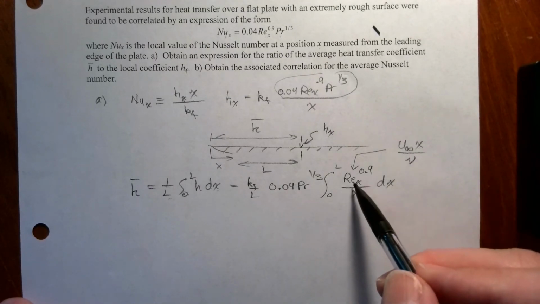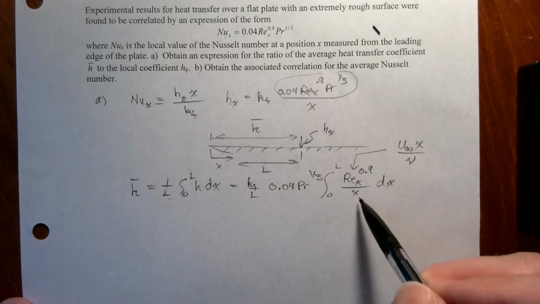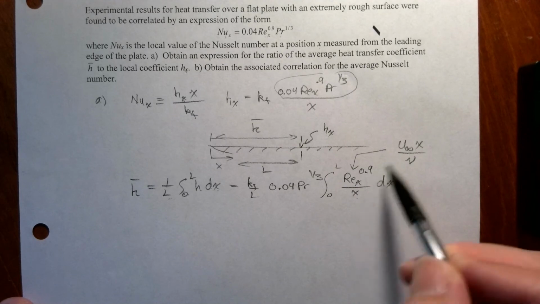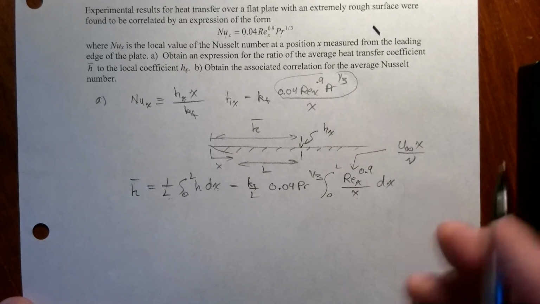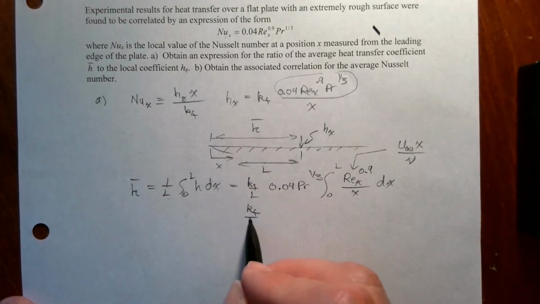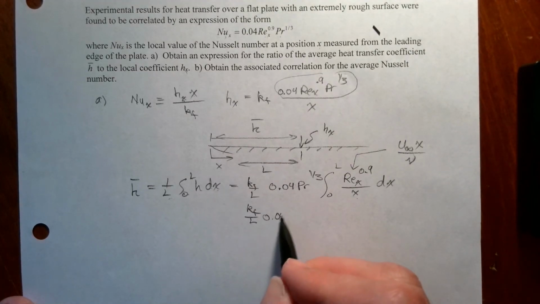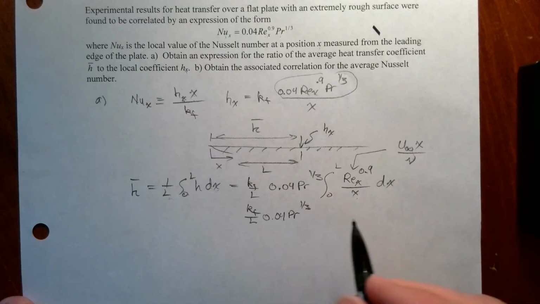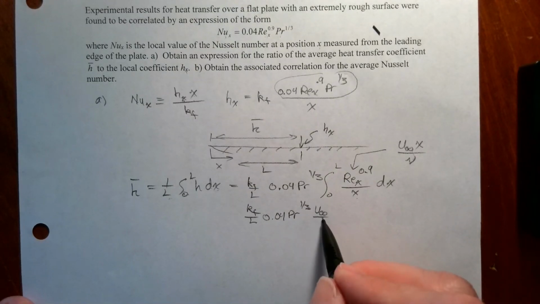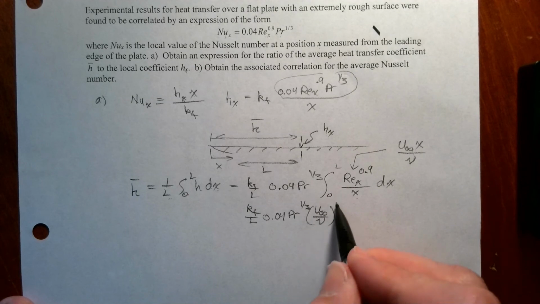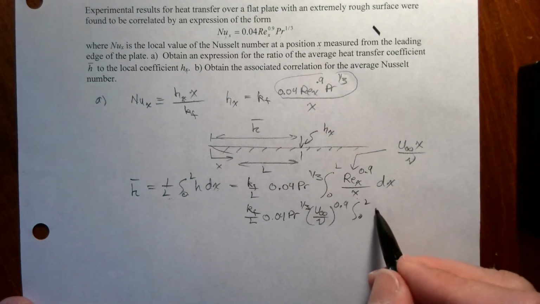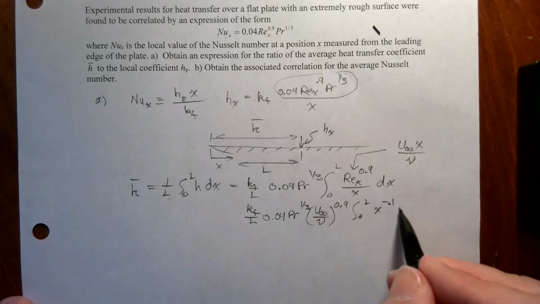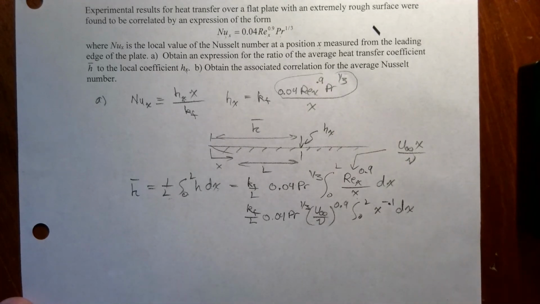So there's another x dependence there. So I have x to the 0.9 divided by x leaves me with x to the minus 0.1. And then the rest of that constant, that to the 0.9, could come out front. So now I have Kf over L, 0.04 Prandtl number to the 1/3, and then also out front of that is U ambient over nu to the 0.9 times the integral from 0 to L of x to the minus 0.1 dx.